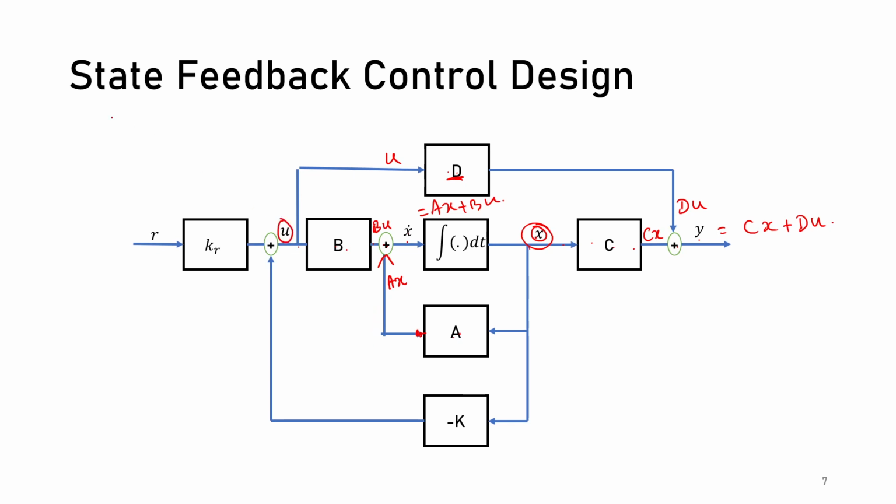How about U? U is defined as state feedback, minus K times H plus KR times R of t. So here is H, then H is input of this gain minus K. The output here is minus K times H, right?